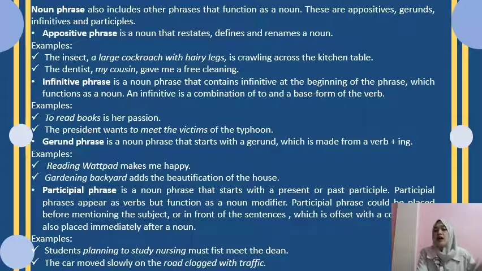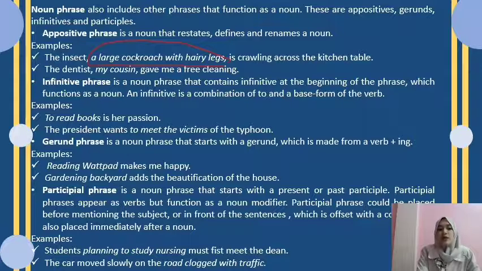We could identify the appositive phrase because it has a comma after the subject and before the verb. In the sentence, the insect, a large cockroach with hairy legs, is crawling across the kitchen table, the appositive phrase is a noun phrase that functions as an appositive.